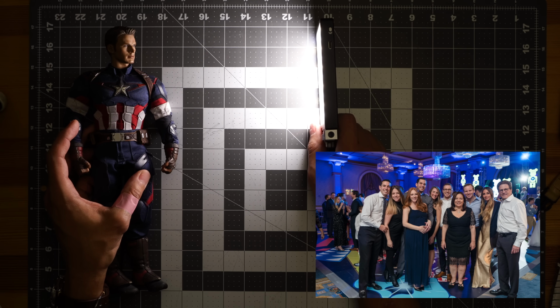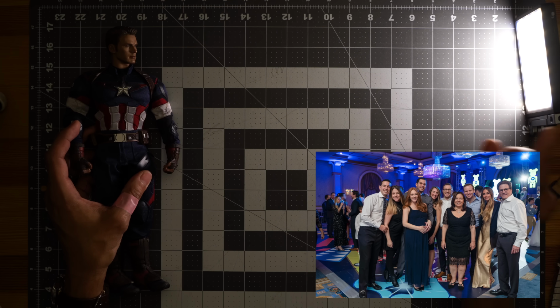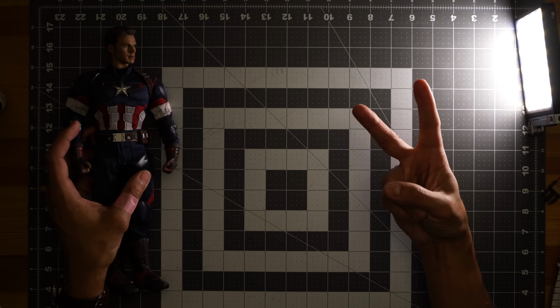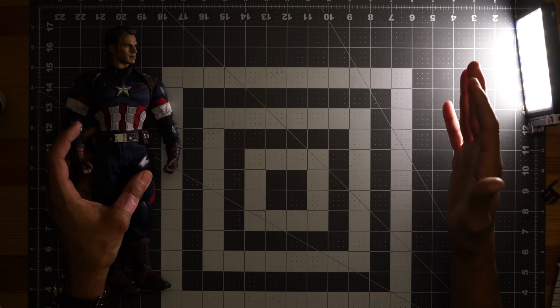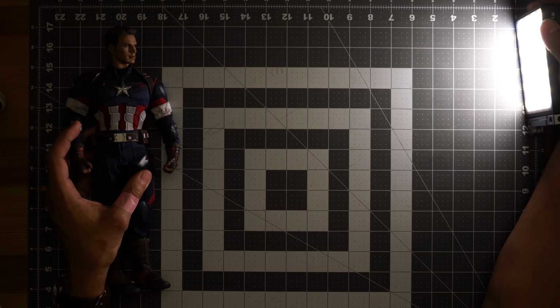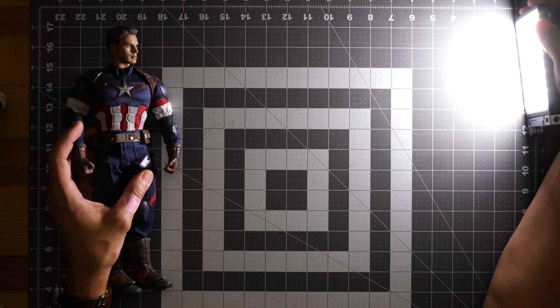So if this is properly exposed and I double my distance, how many more stops do I need to raise my light? 2. 2 full stops. I was here and I doubled my distance so that I could get everyone in the picture. And so I have to actually go up 2 full stops of my light. That's a lot of light.